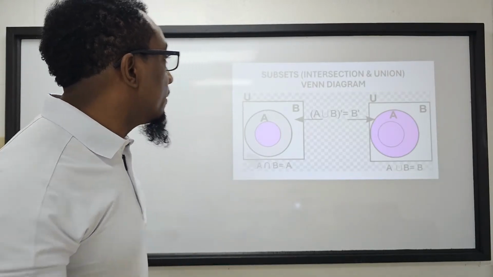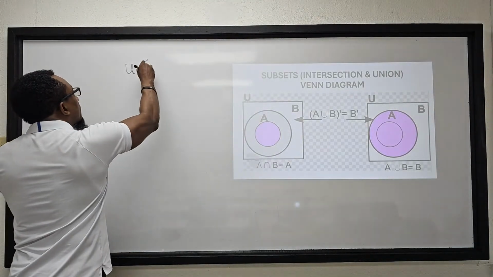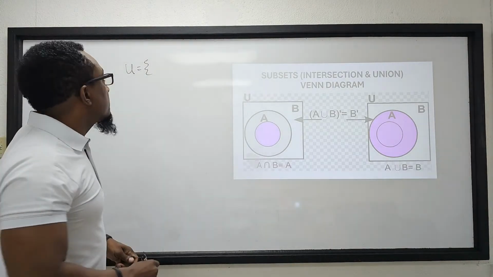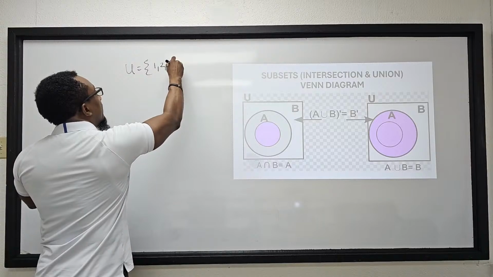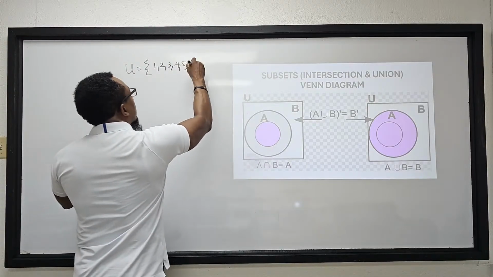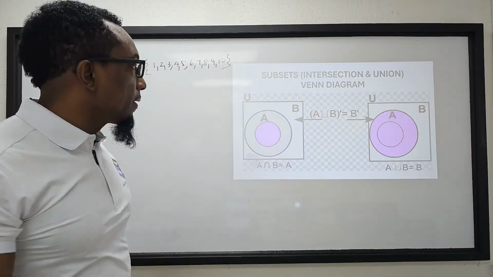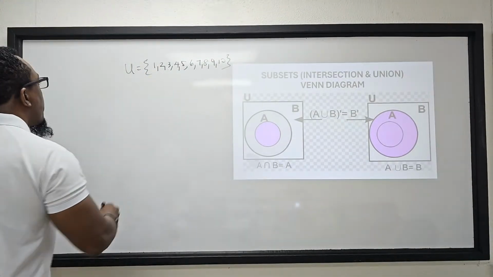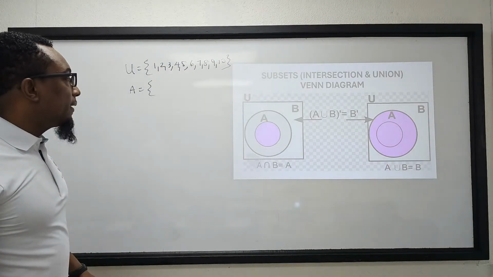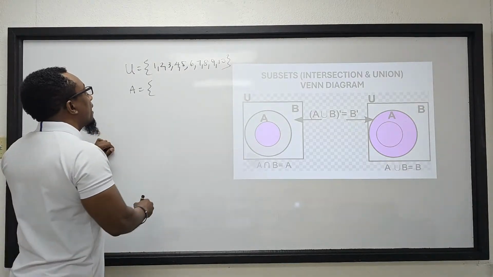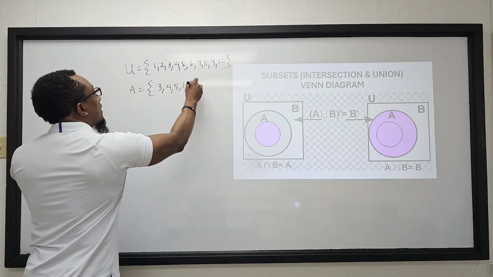So if I have my universal set, and in my universal set I have elements, say, 1, 2, 3, 4, 5, 6, 7, 8, 9, and 10. I have my set A, whose elements are, say, 3, 4, 5, 6, 7, 8.